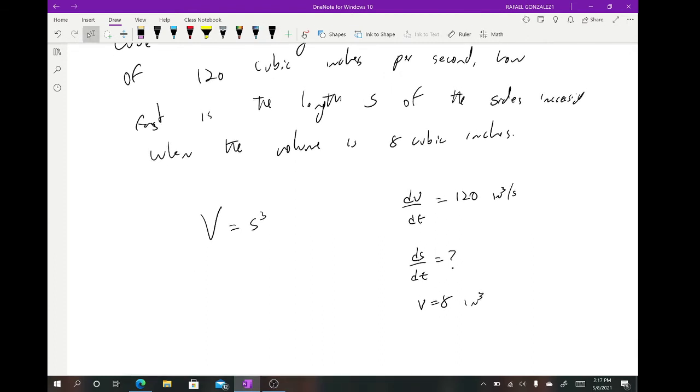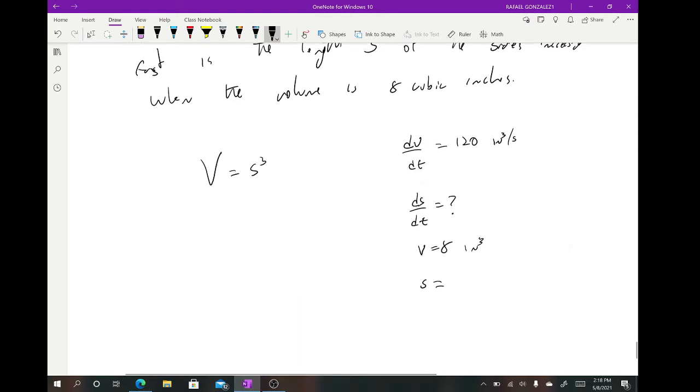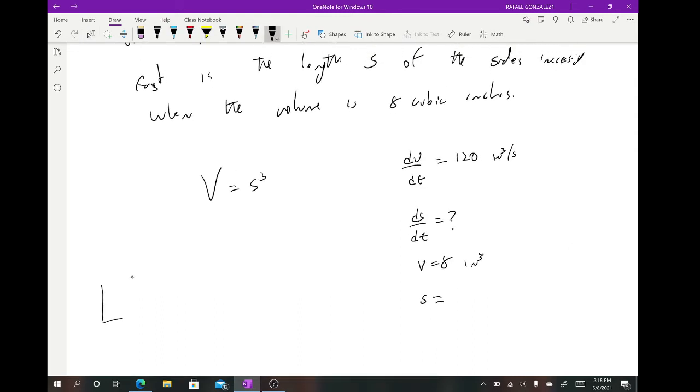Okay, so notice that I have dV/dt, I have ds/dt, which is what I'm looking for. I'm given the volume of 8 cubic inches, but I don't have the actual length of the sides of the cube. So before I begin to take derivatives, let's find out what the length of the side of the cube is. Remember, a cube has equal sides.